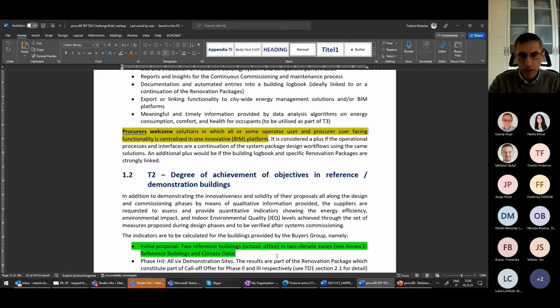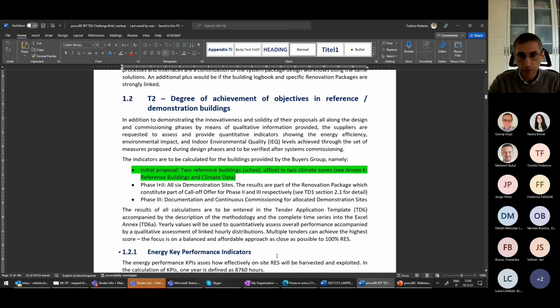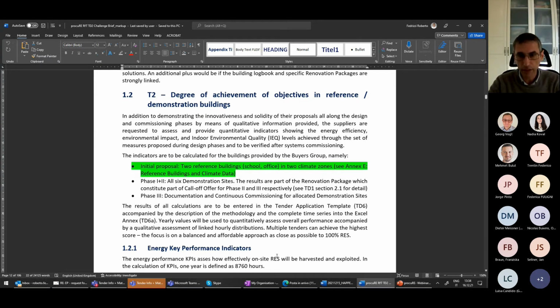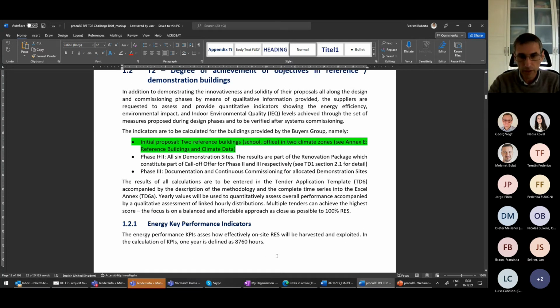from suppliers. What we would like to have with respect to the reference buildings, once more, so the initial models in this phase, is also some key performance indicators calculated.